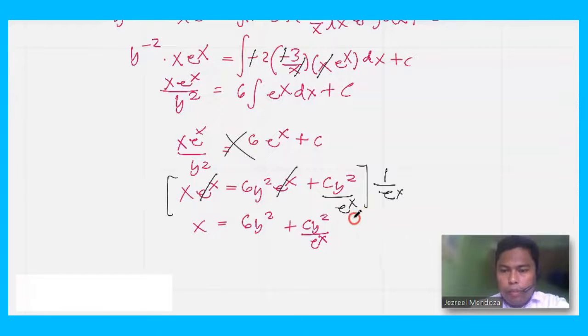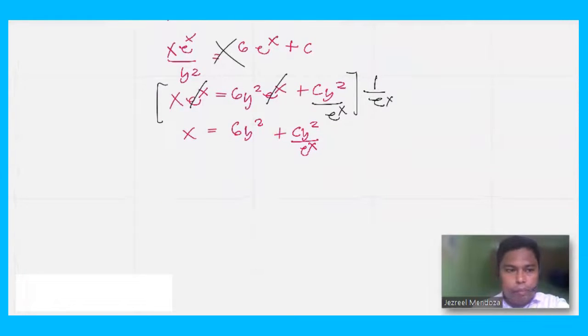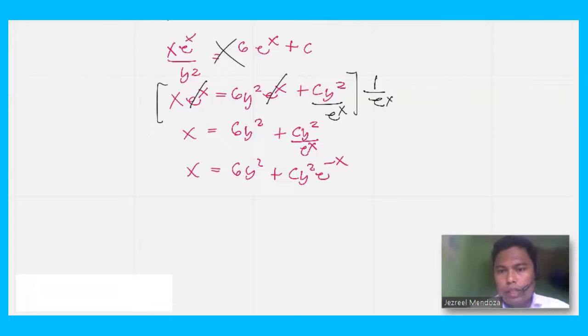And then we can move the denominator to the numerator by getting the negative sign. Okay, this will become x is equal to 6 y squared plus c y squared, that is e to the negative x. Okay.